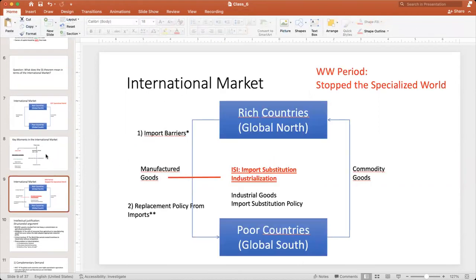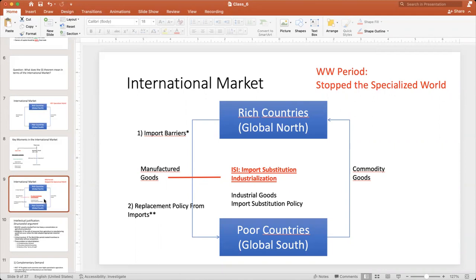So what were the main implications? Well, the main implication was that the World War period stopped the specialized patterns in the international system. So rich countries of the global north were unable to produce manufactured goods. Why? Because they were in a war.